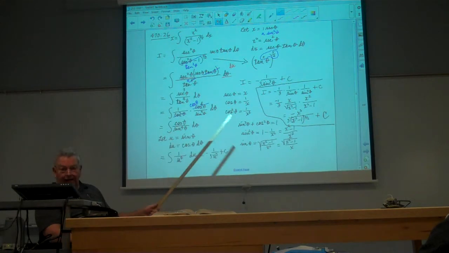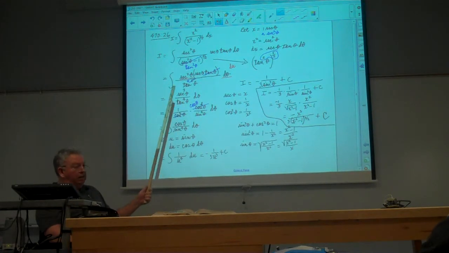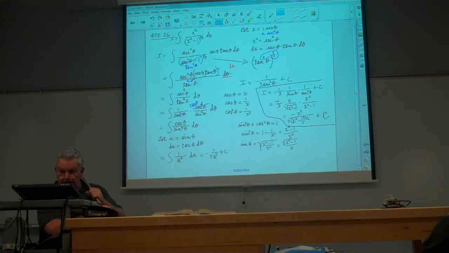But it wasn't, and we knew we were going to have a secant left over, and at the time, I couldn't think of a good thing to do with it. Travis? Why did you need to break it up into 1/sine theta times 1/sine squared theta?